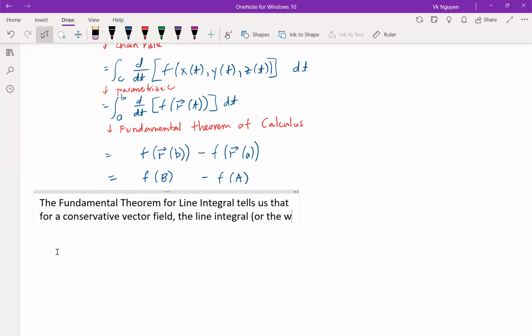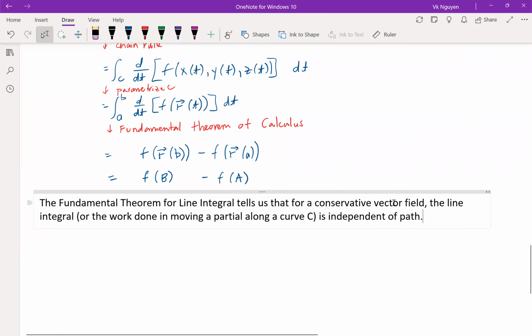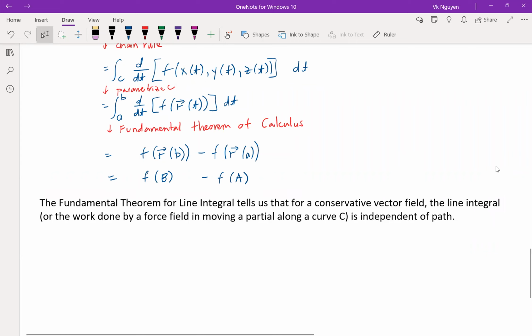Or the work done moving a particle along a curve C is independent of path. It doesn't matter what path you take, the answer is going to be the same. The work done by a force field is what it is.